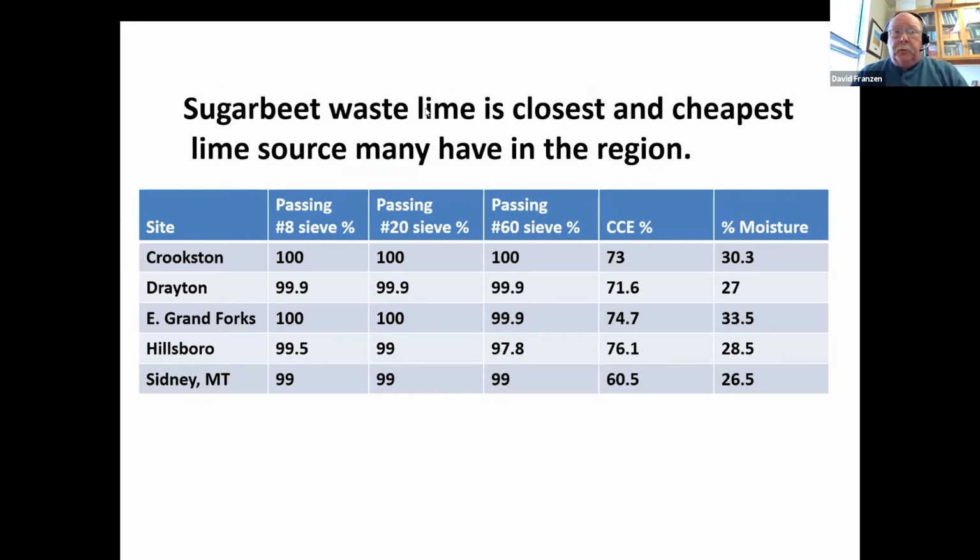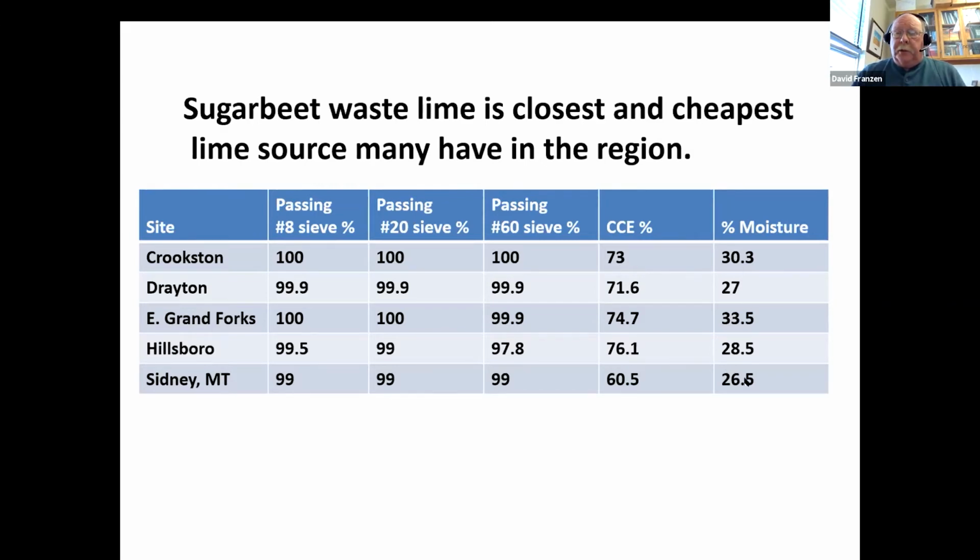All right, so this number right here, the calcium carbonate equivalent, is what's going to tell you how much lime you really have to apply. 100% would be 100% calcitic lime that's fairly dry and fairly fine in size. All of your water-derived lime sources are going to be very fine, so that's not going to be a problem.